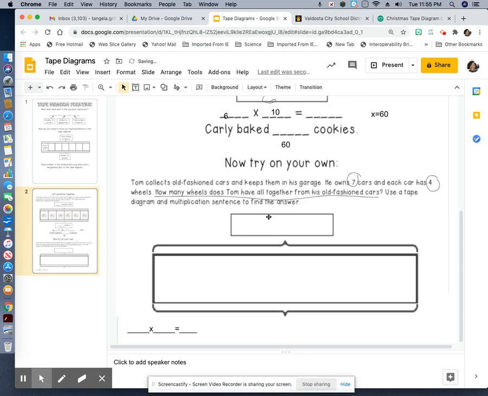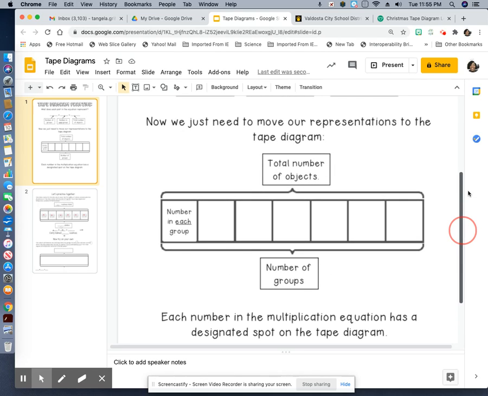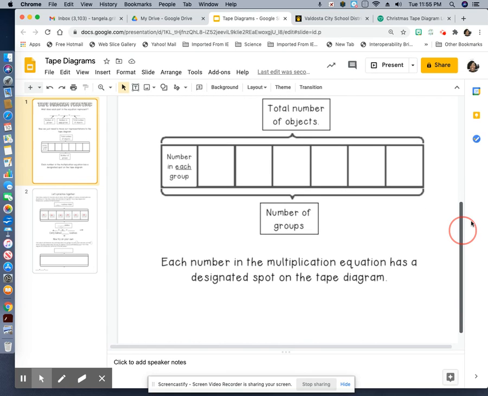All right, let's keep going here. So here would be the total number of objects we don't know. The number in each group, we know that.